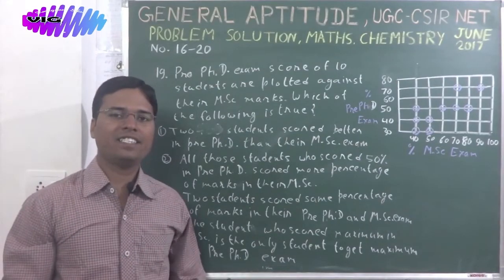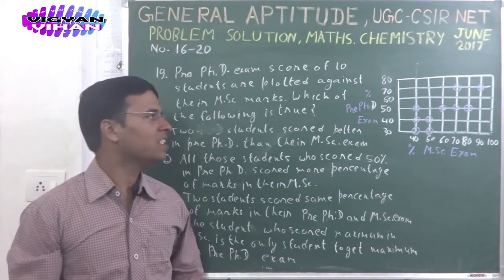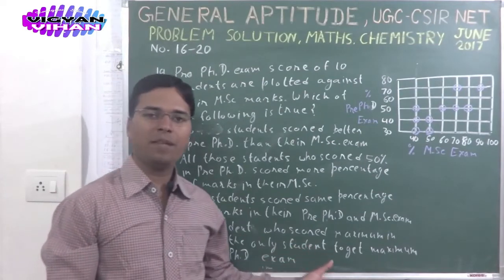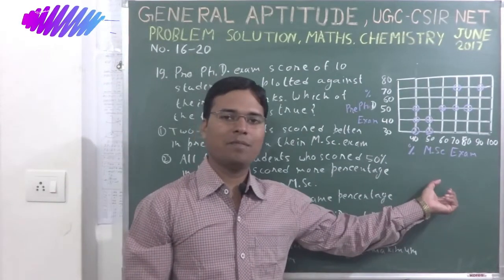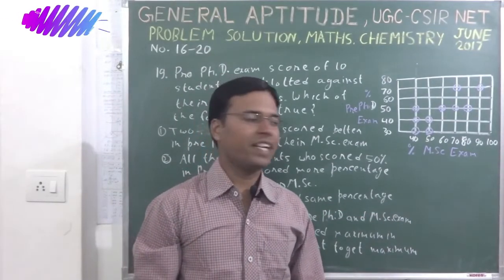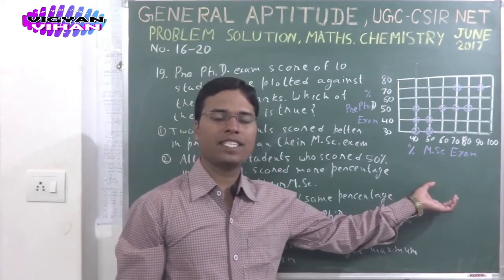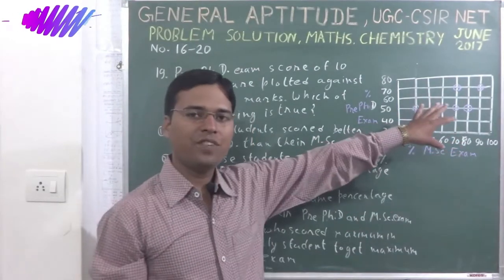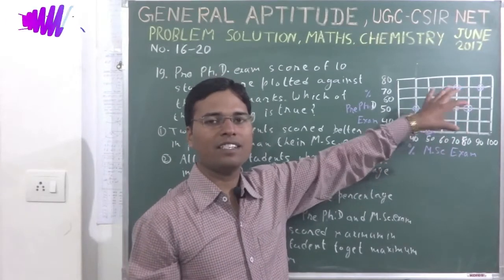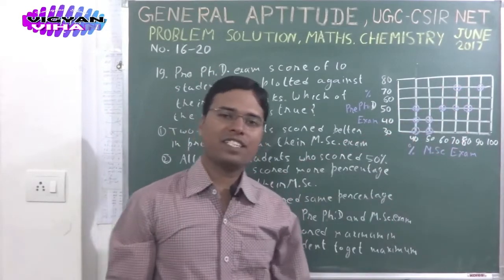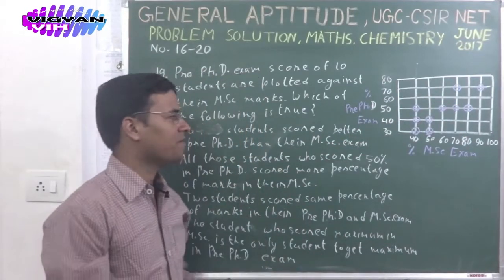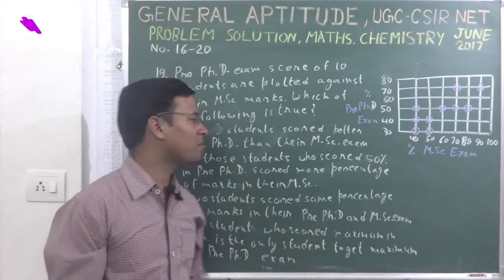Friends, here is the next problem, problem number 19. This problem is based on the marks of the pre-PhD exam versus the marks of the MSc exam of some PhD students. From the given information in the chart, we have targeted only the important part of this graph, which contains all the required information we need here, which is given in the problem.